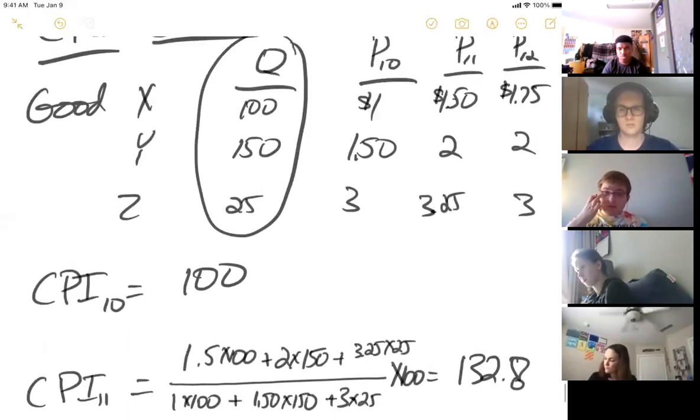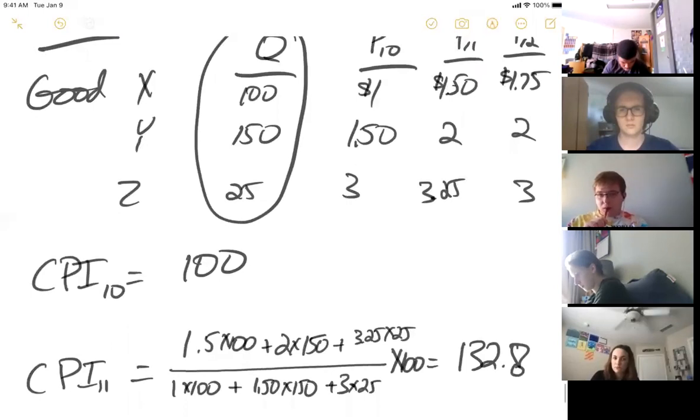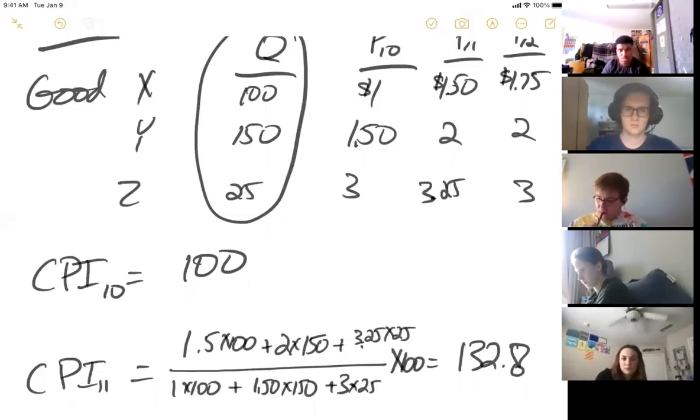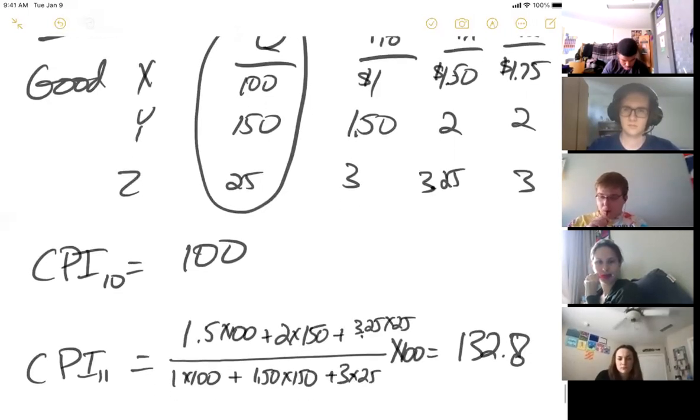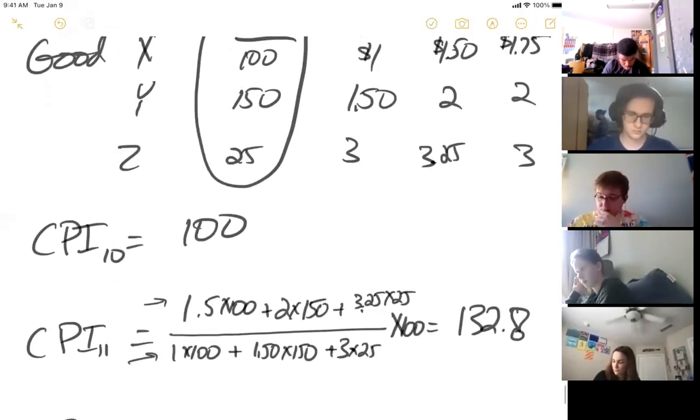Your last number on the numerator seems a little off. Yeah, it's 3.25 times 25. Shouldn't that be 2 times 25? Or 3 times 25? So it's the price in the current year divided by the price in the base year. Sorry, I had my number written down wrong. So if you do your math right, you should get 132.8.